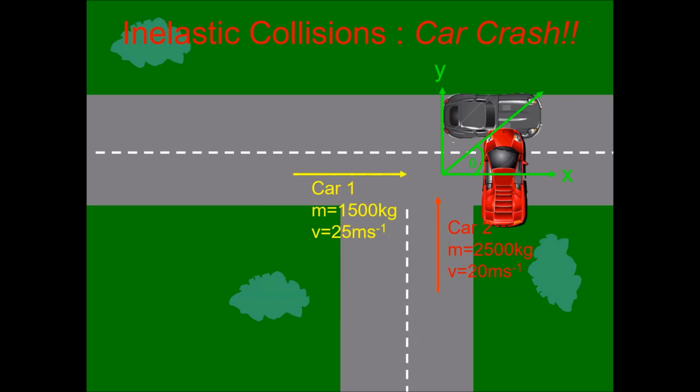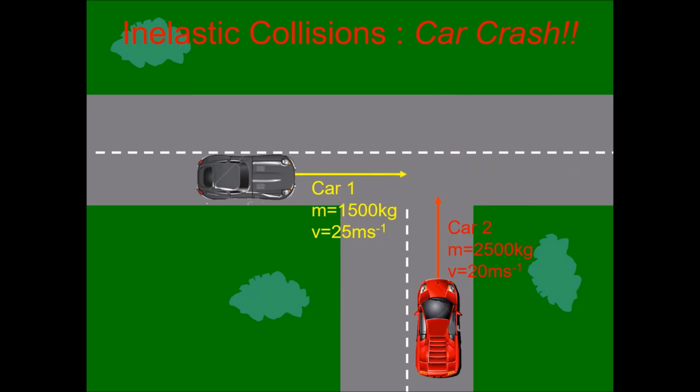Now, think about this carefully. What's really going on here? Car 1 is moving east, car 2 is moving north. That means that car 1 is bringing all of the x momentum to the party, and car 2 is bringing all of the y momentum to the party.